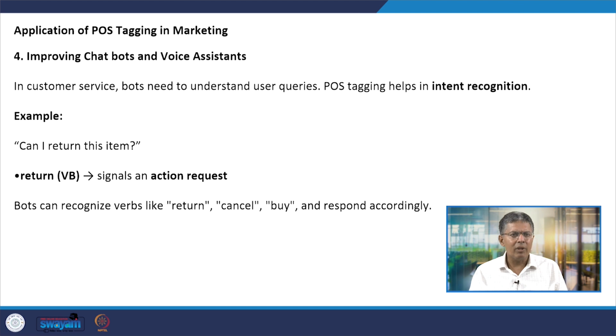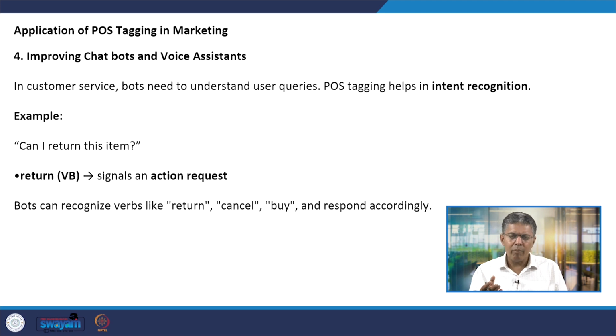For example, you are communicating in a chatbot. Can I return this item? You are saying as a customer, can I return this item? The chatbot will recognize the word return and signal an action request. Bots can recognize verbs like return, cancel, buy and respond accordingly.